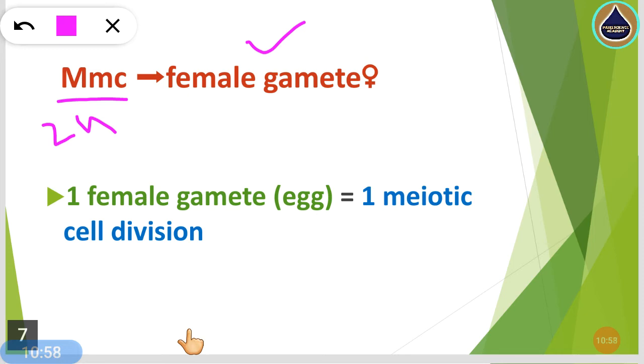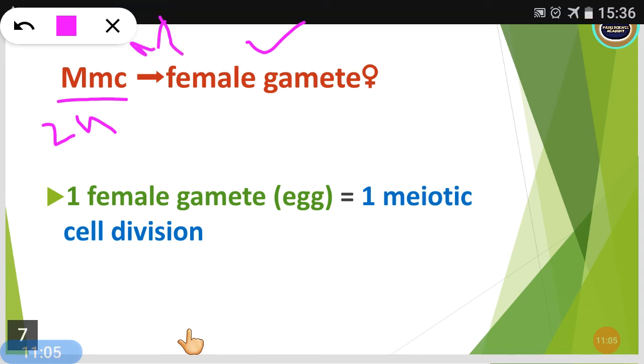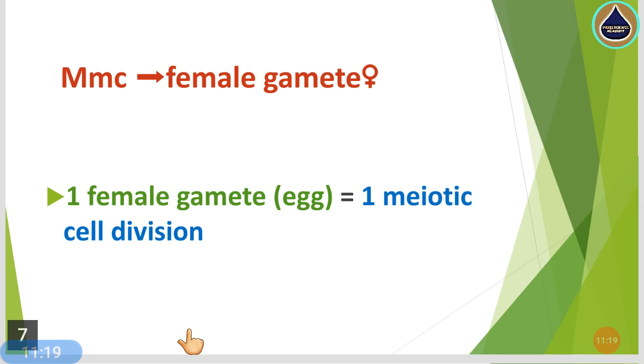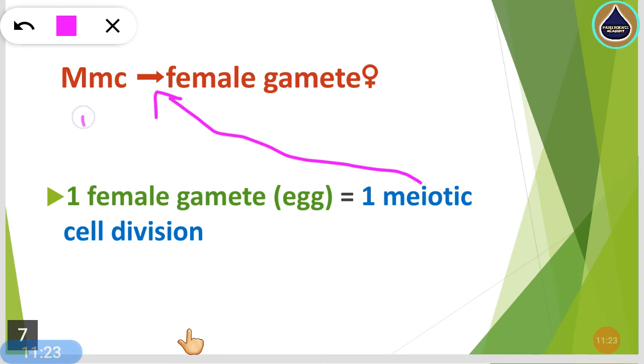So this MMC, by the process of meiosis type of cell division, converts into female gamete. But the formula is very simple. One female gamete, which is also called egg, is formed by one meiotic cell division. It means by one meiotic cell division, this megaspore mother cell converts into one female gamete.